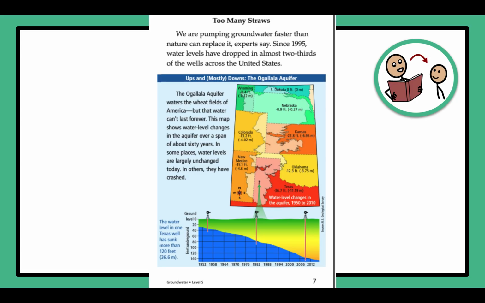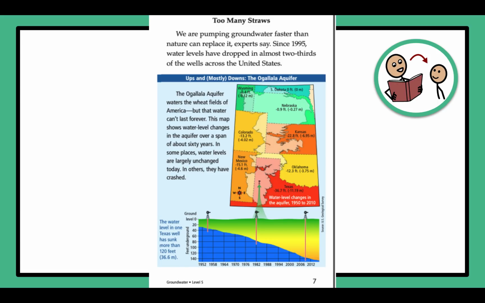Let's take a look at the map. We'll read from the top left to the right and then down. The state of Wyoming has decreased 0.4 feet. South Dakota has had zero decrease or increase. Nebraska has had a decrease of 9/10 feet. Colorado has had a decrease of 13 2/10 feet.